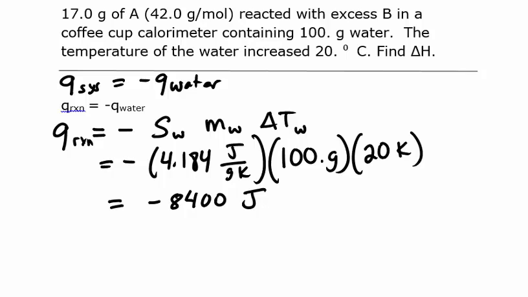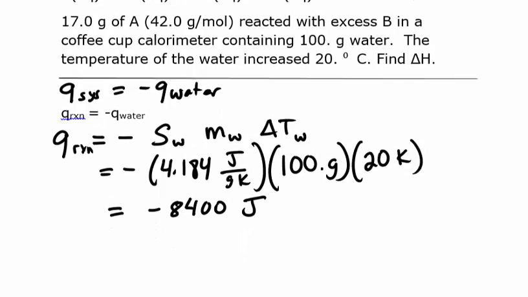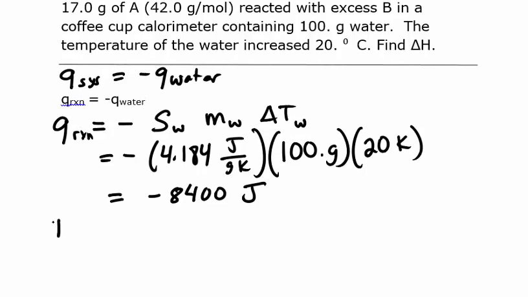Then the Q for the water is 8,400, so the reaction is negative 8,400 joules, which means that it's an exothermic reaction, right? Because the Q is negative. Okay, and that makes sense. If the water temperature increased, that means the reaction produced the heat that increased the temperature of the water. All right, but is that delta H?